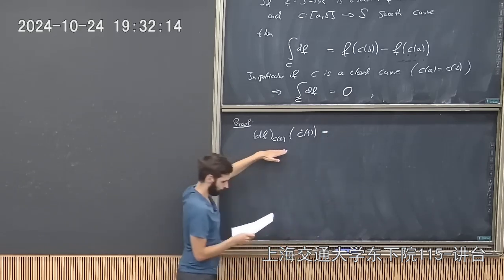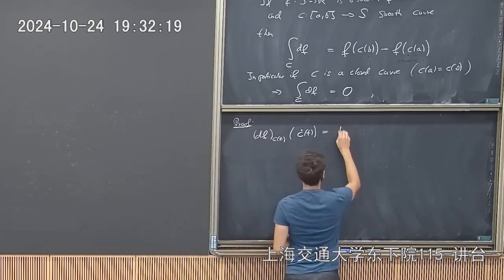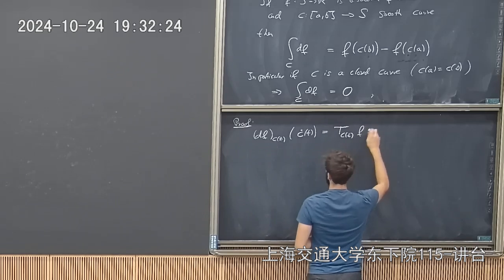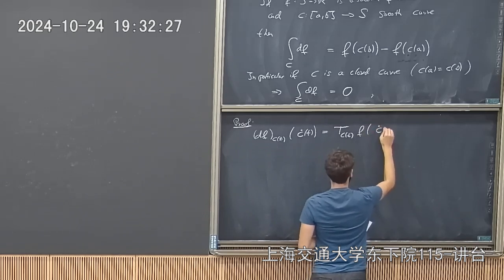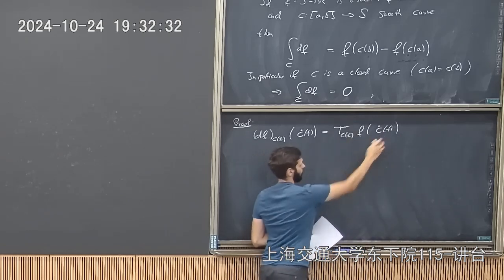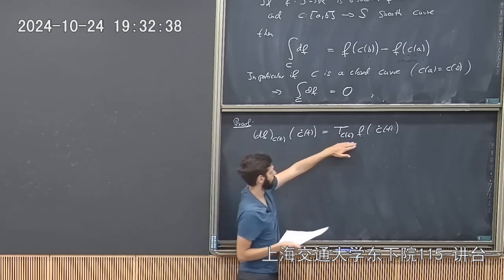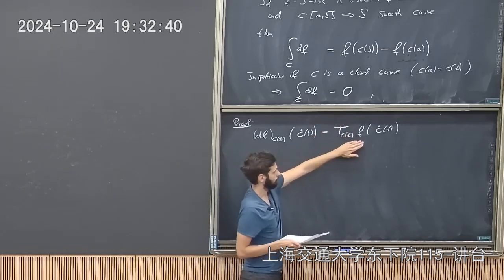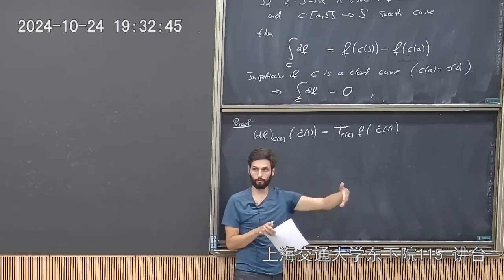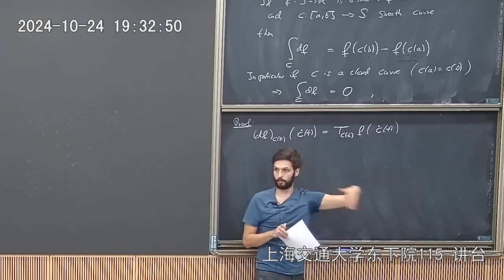So let's go back to the definition of this one form df. So this is the same as taking the directional derivative of f at the point c of t in the direction c dot of t. So now you remember that the directional derivative was given by that you choose some certain curve that represents this tangent vector, and you flow along that curve, and then you take d of dt.